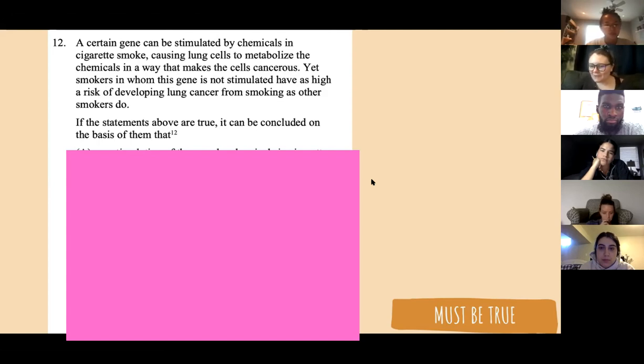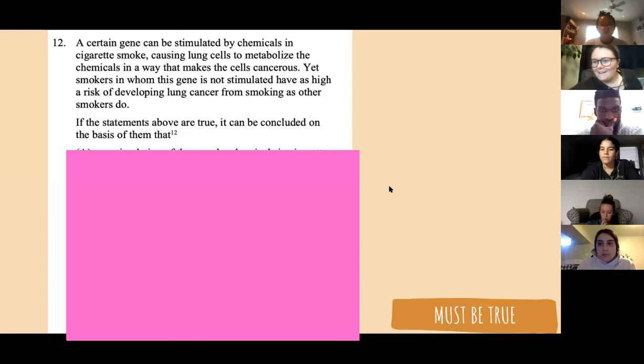So I want everybody to think about this for 30 seconds. Is there anything else that we can infer based off of these two sentences? Give me a reaction when you have an idea. All right, Ahmed, go ahead and share your thoughts.